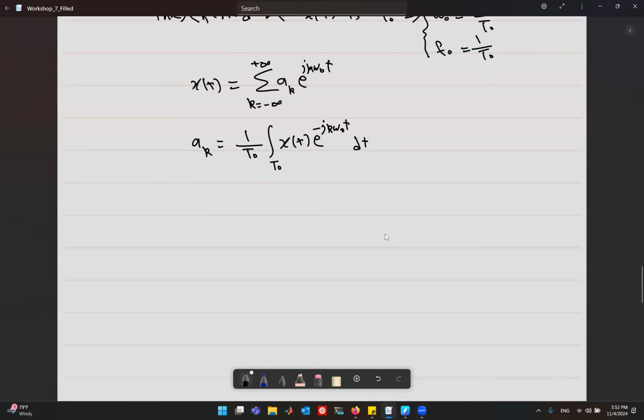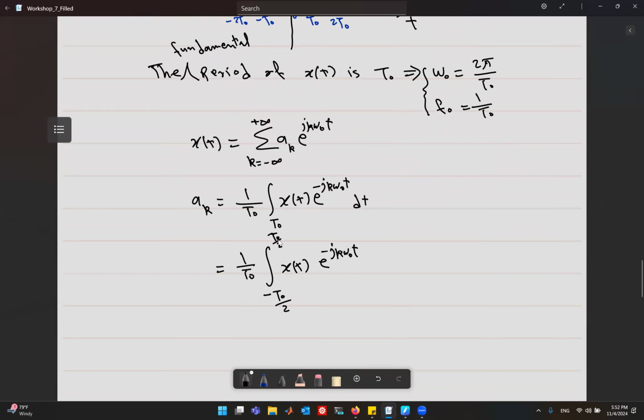The integral should be done over just one period, so we can do it from minus half the period to half the period, x(t) e^(-jk omega naught t).